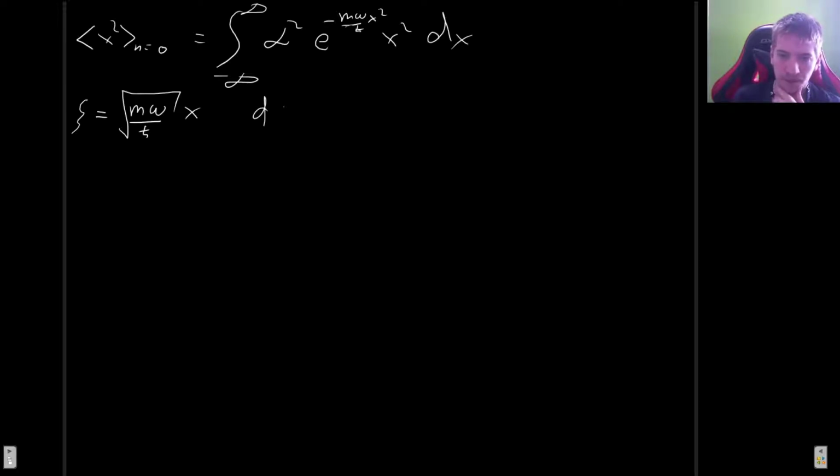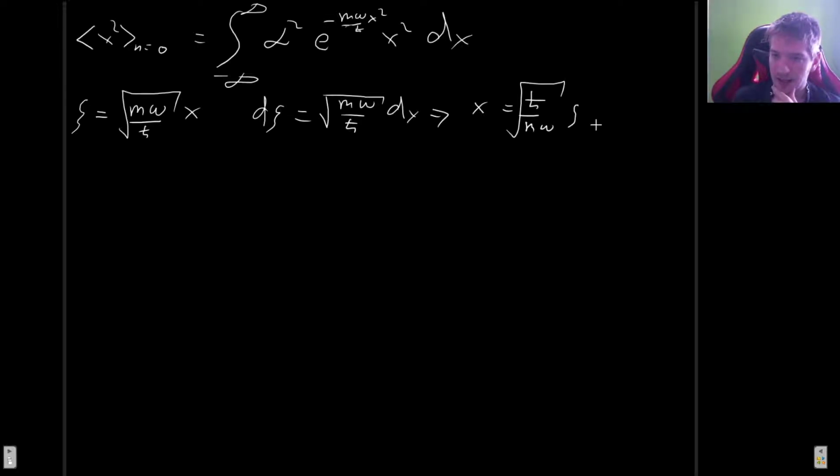And then the differential is going to be d xi, which is going to be the square root of m omega divided by h bar times dx. And from here we can obviously see that we can find dx and x. So x is going to be just the square root of h bar over m omega times xi, and also then dx will be the same thing basically, d xi.